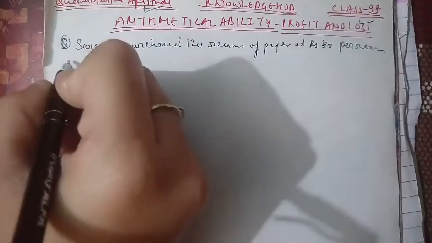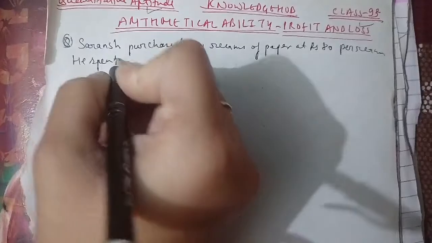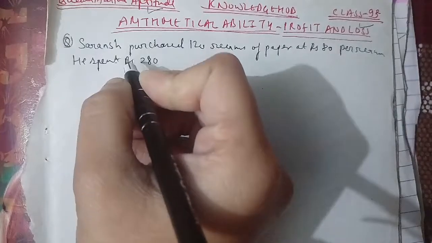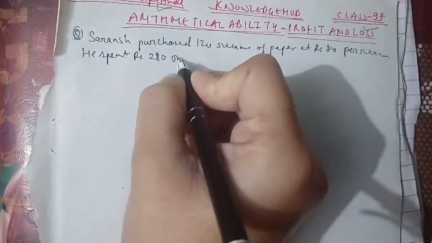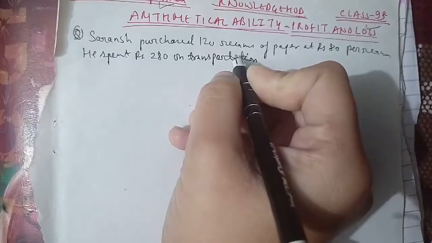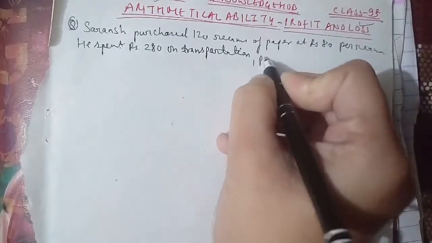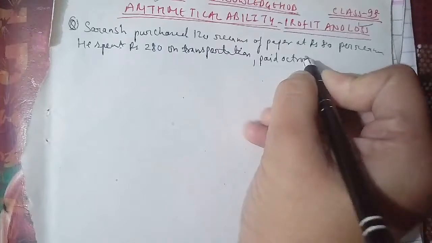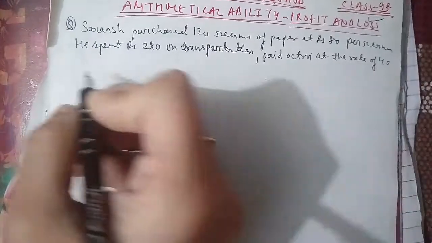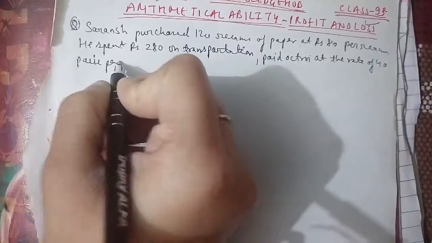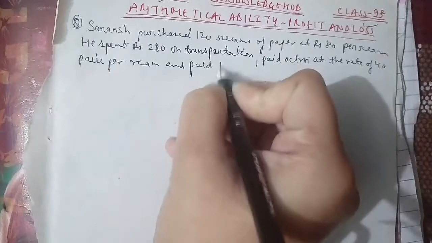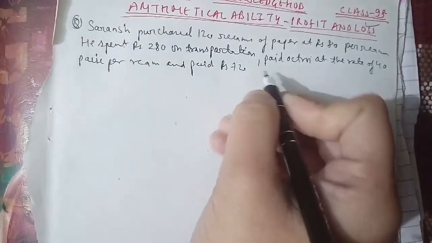He spent rupees 280 on transportation, paid octroi at the rate of 40 paise per ream, and paid rupees 72 to the coolie.